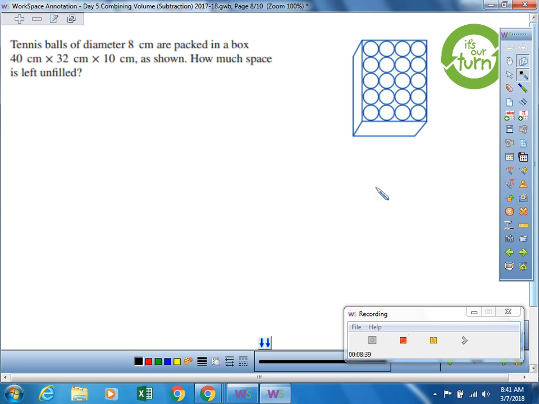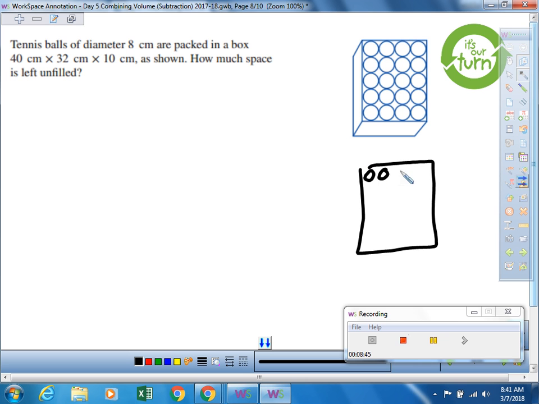So I want you to draw a square, and then there's 4 across, and 1, 2, 3, 4, 5. Okay, so draw your little shape right there, and then you can make it a box.